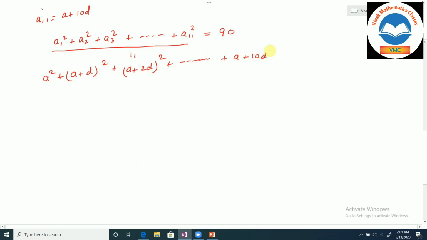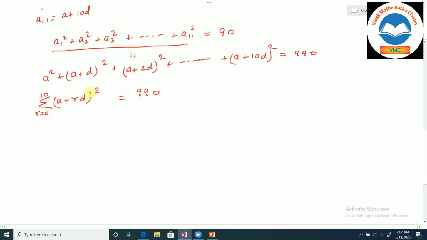A plus 10D square, and this value will be 990. If you write all these things in summation form, the first term A square we can write as A plus 0D, the second term A plus 1D, the third term A plus 2D. It means we have A plus rD whole square, where r value will vary from 0 to 10, and this value is 990.